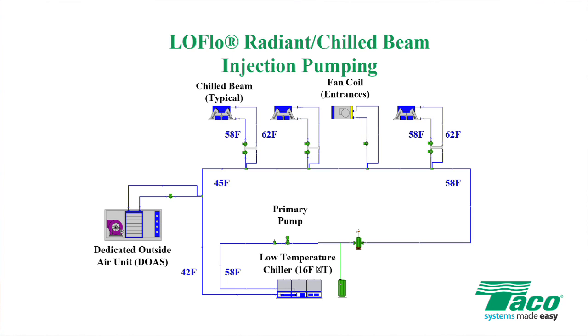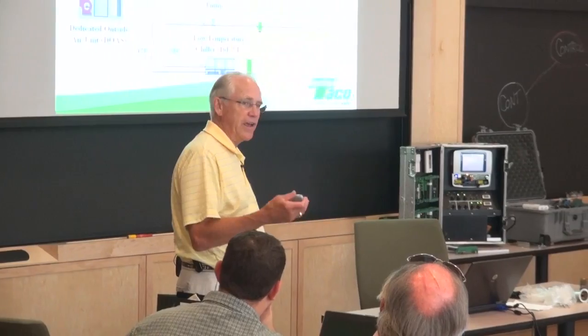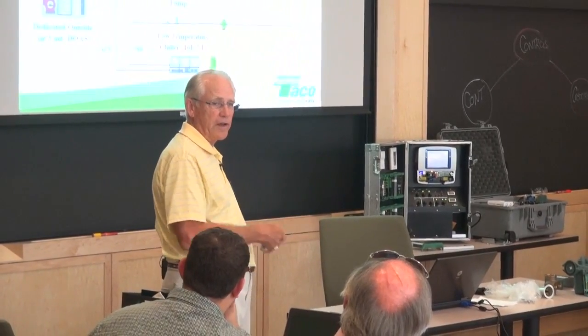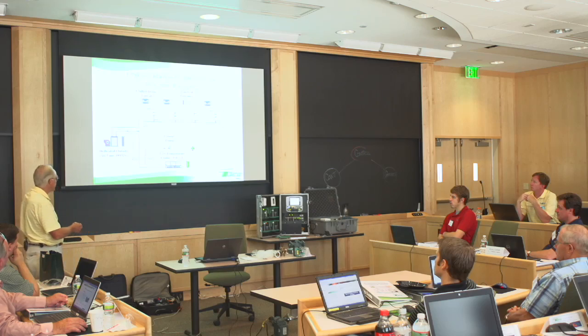In this case, it's 16 degrees because the return water temperature to the chiller is the entering water temperature to the chill beams. Let's say it's 58. So this water, as it cascades, can return at that temperature right there. So in this particular case, the cascade is actually a help. It's not a hindrance because we can get this very high split, 16 degrees, as compared to what would have been 4 degrees.